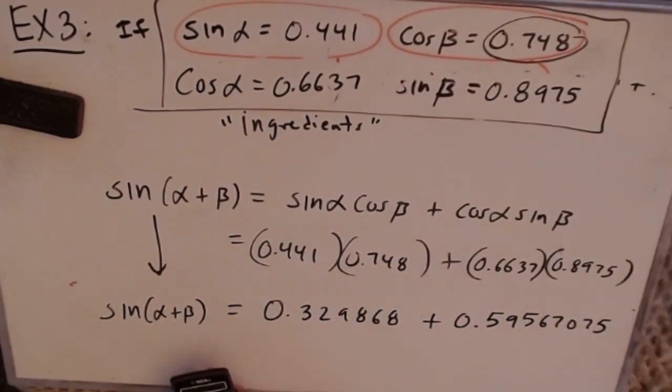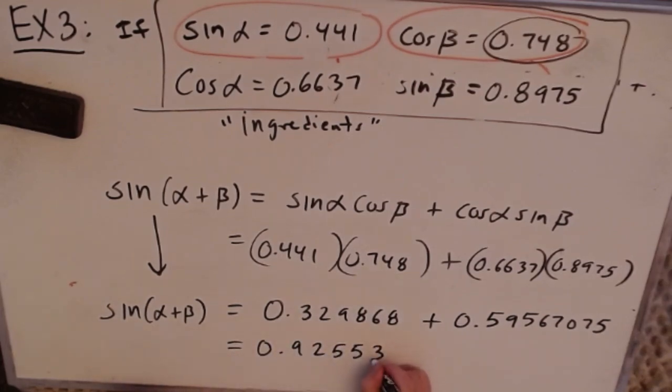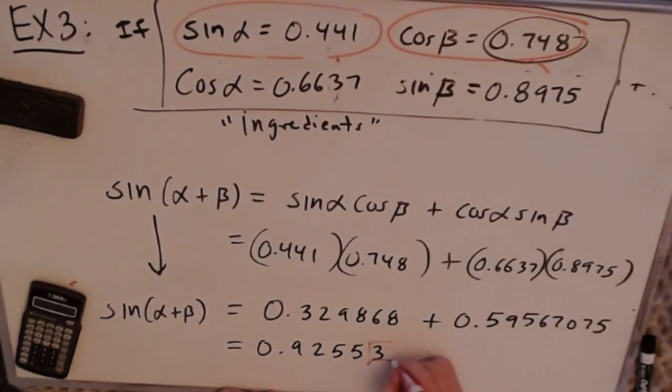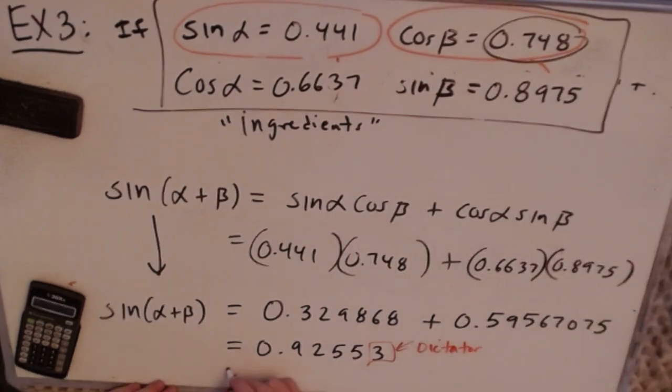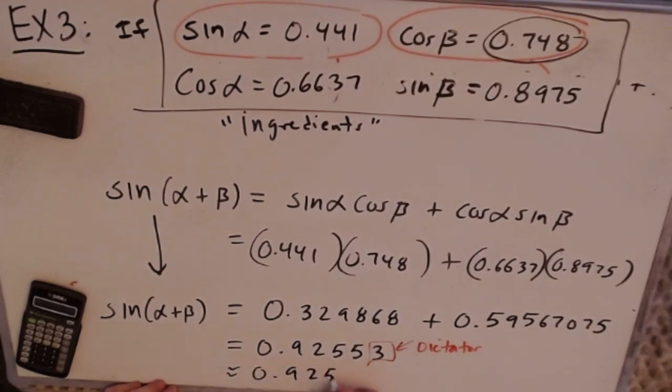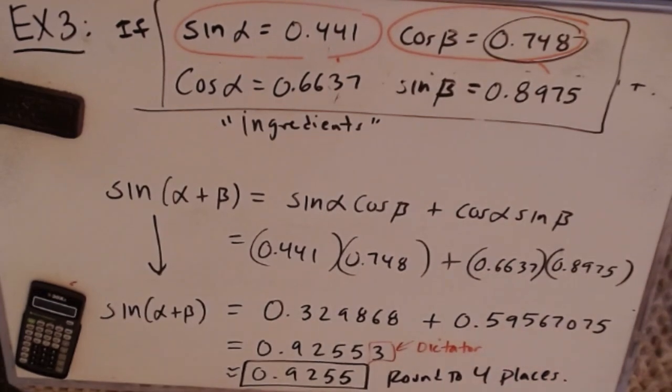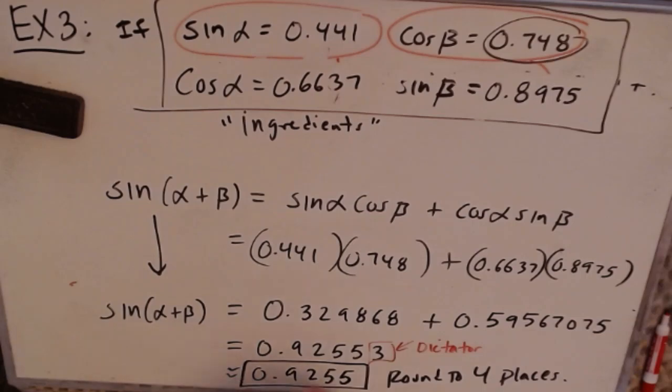Add these together and then round. I get 0.92553. The deciding digit is a 3, so you're going to get approximately 0.9255, rounded to four decimal places.